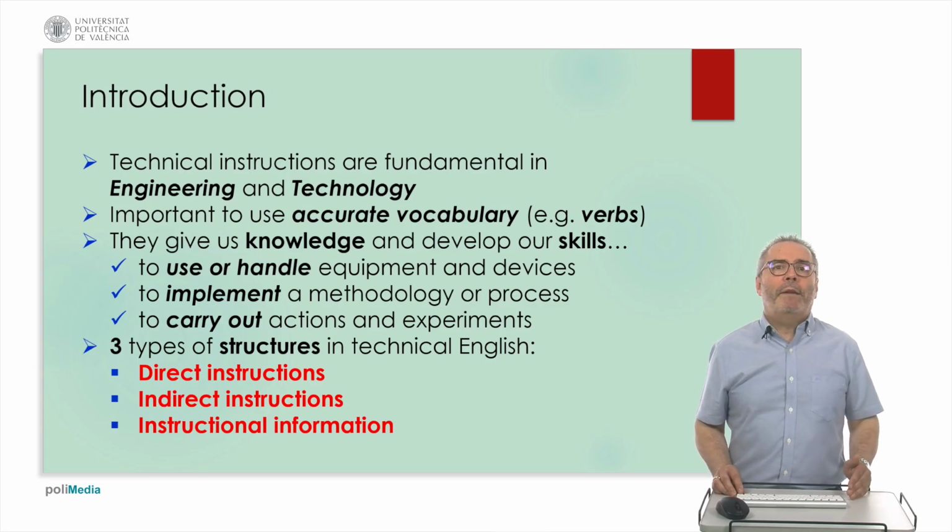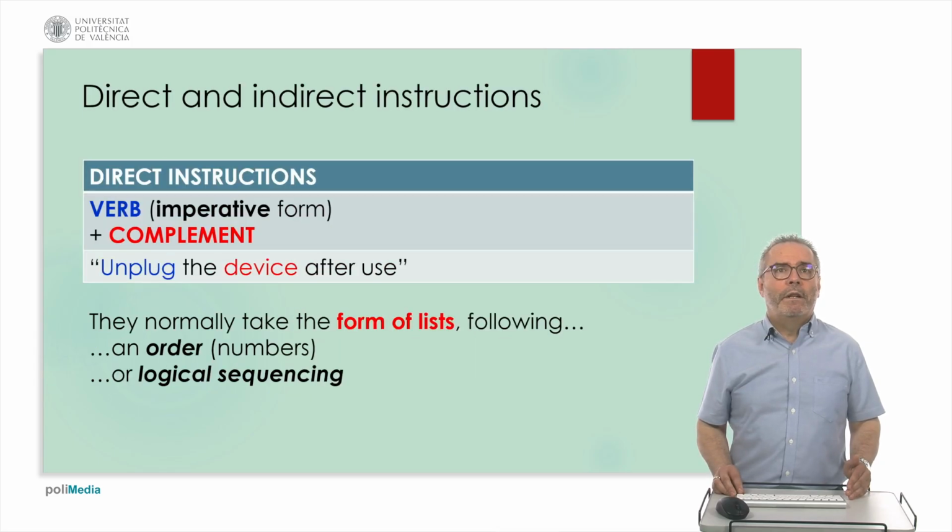There are three types of structures that help us give instructions in technical English: direct instructions, indirect instructions, and instructional information. Let's start with direct instructions. In this type of instructions, we have the verb in the imperative form plus a complement, a direct complement.